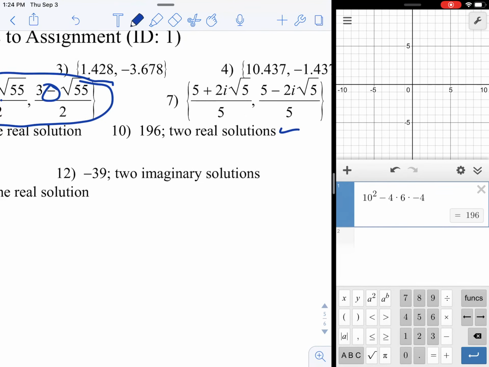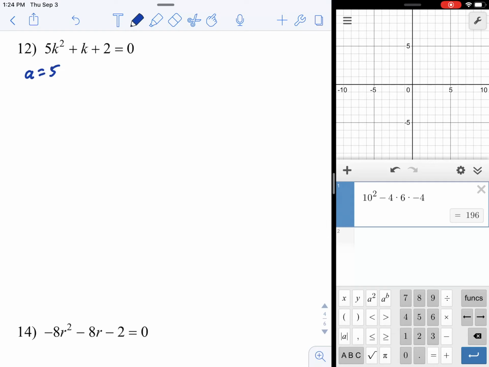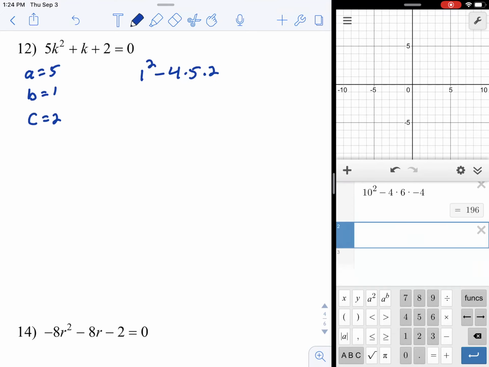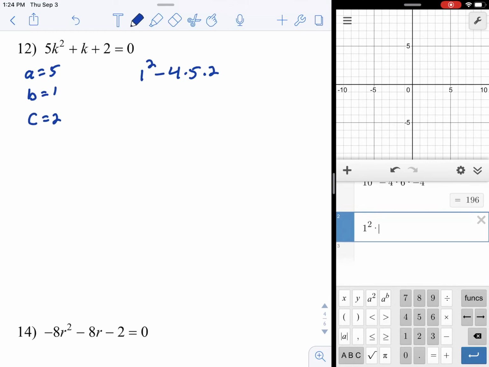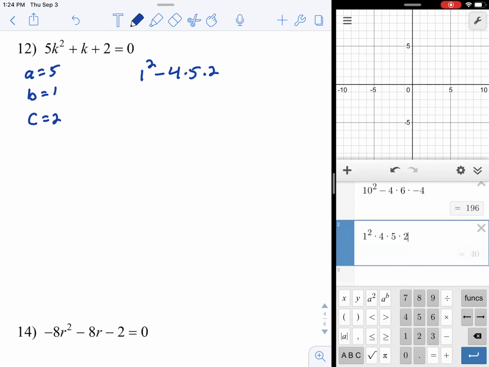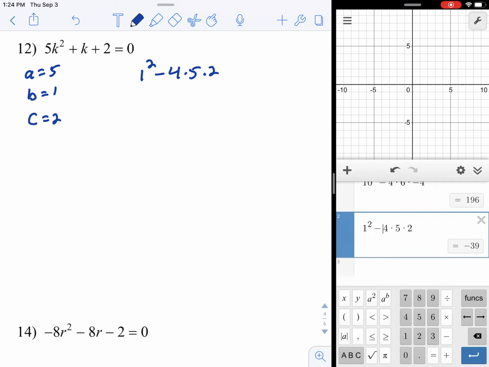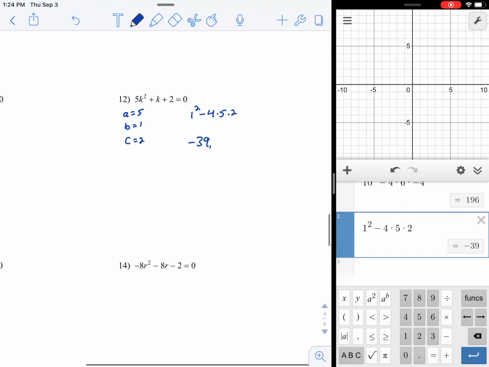Let's look at number 12. A is 5, B is 1, C is 2. 1 squared minus 4 times 5 times 2. Oops, no, minus. Wow, that was about to be a mistake. I get -39. -39 is less than 0.